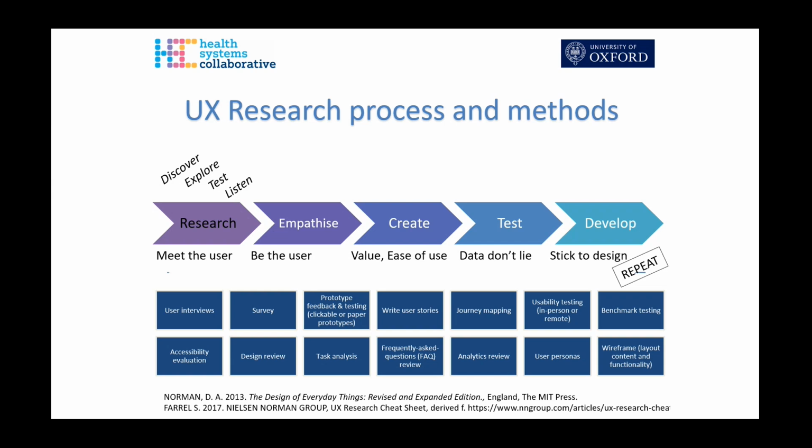Based on that, and finally, develop the final design. And it is recommended to stick to it before doing another round of evaluation, because you need to give the user a little bit of time to understand what this is all about, to learn, and to see whether it's useful and fulfills the needs of the user.